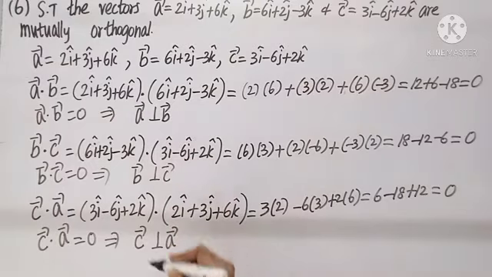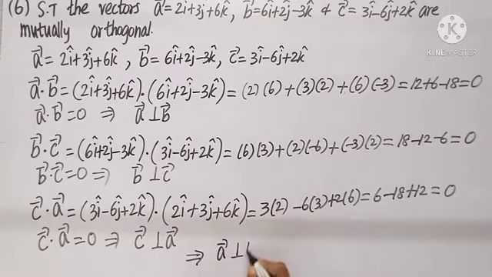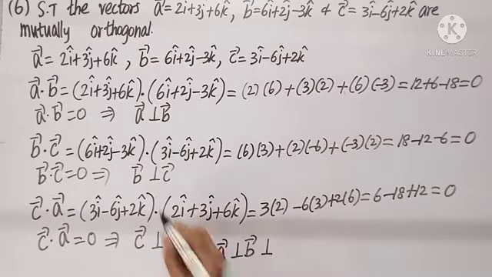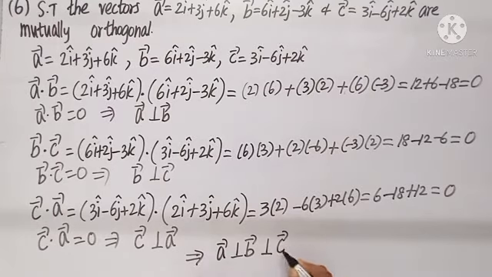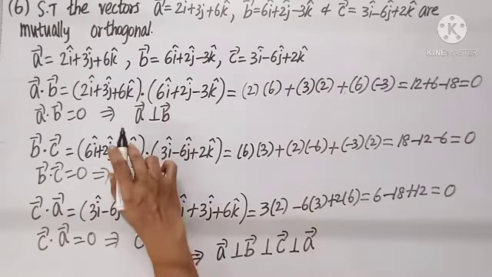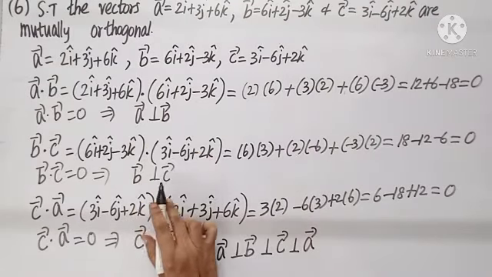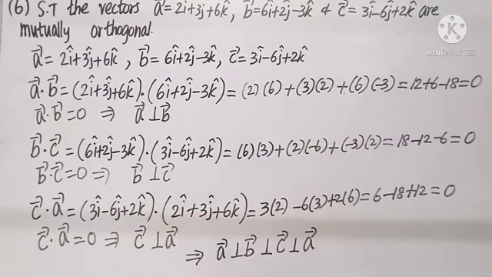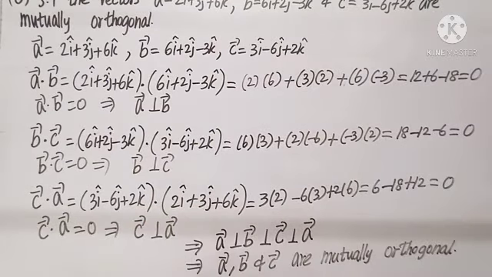From all the three, we have A perpendicular to B, B perpendicular to C, and C perpendicular to A. Hence, we can prove A vector, B vector, and C vector are mutually orthogonal.